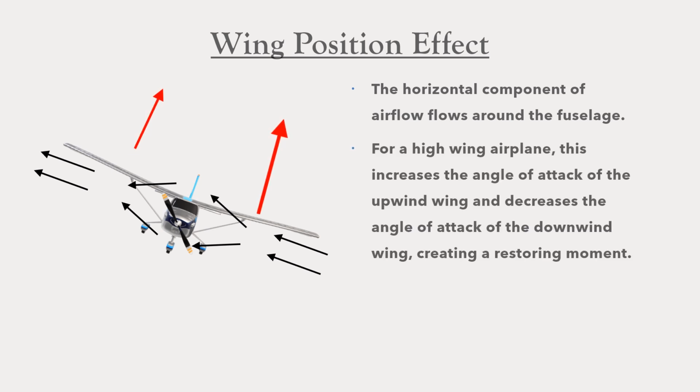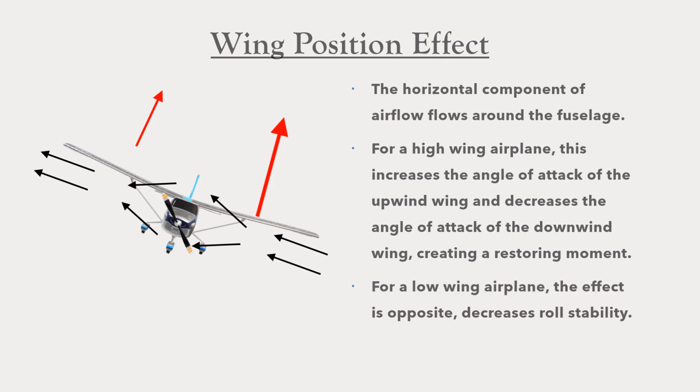So on a high wing airplane, like pictured here, that means that the air encountering the wing root portion of the upwind wing has a higher angle of attack, and the air encountering the downwind wing will have a lower angle of attack. That creates a restoring moment that tends to make the airplane roll towards level.